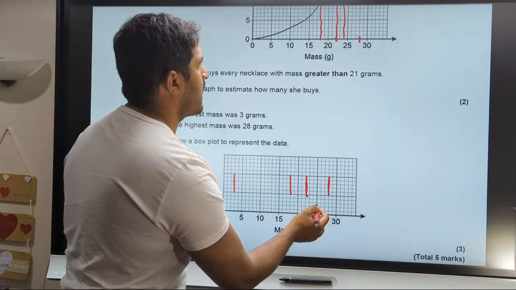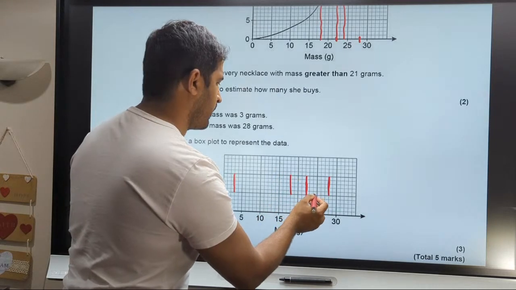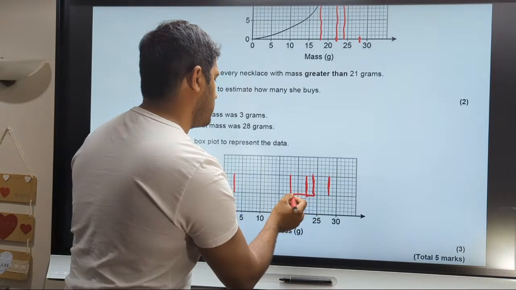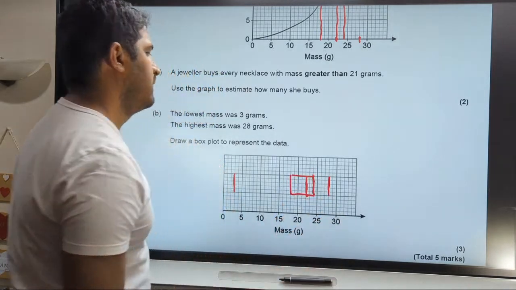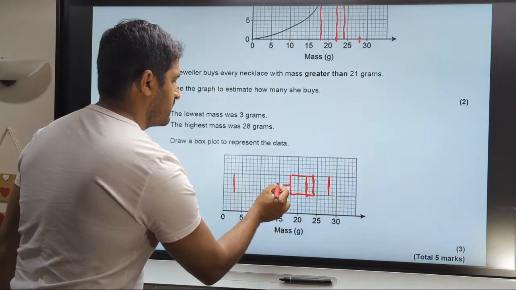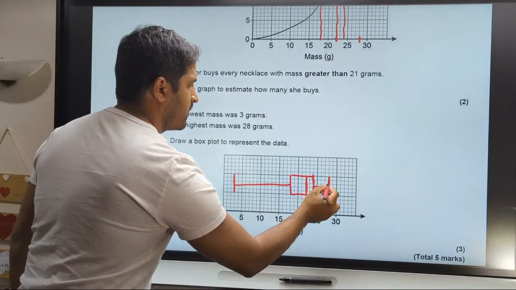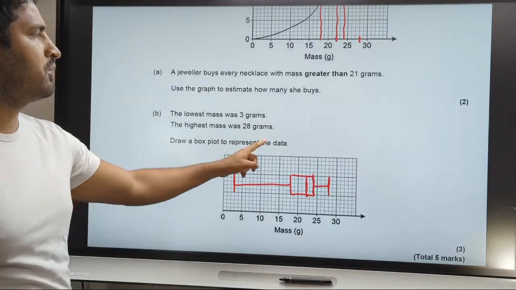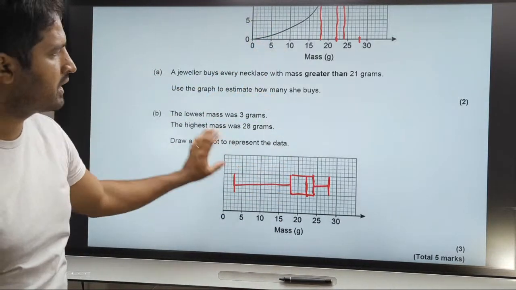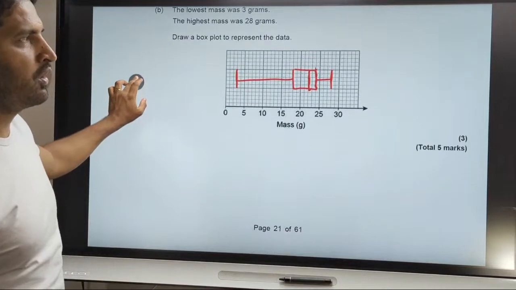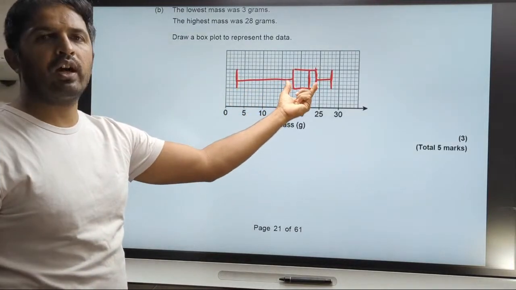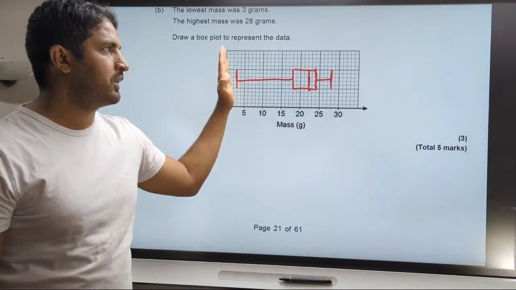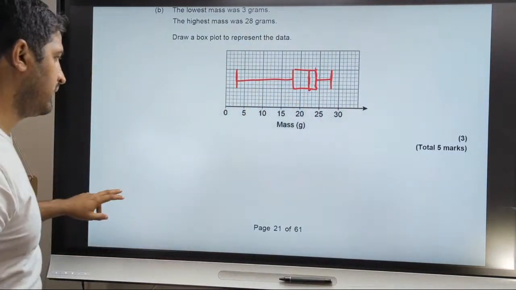The upper quartile was 24, so we have 24 there. Then we draw the box around the lower quartile and upper quartile, and then do the whiskers. So this is a box and whisker plot. That's the box plot drawn to represent the data. You generally do the box around the lower quartile, upper quartile and median, and then you do the whiskers, that's the lowest value and the highest value.